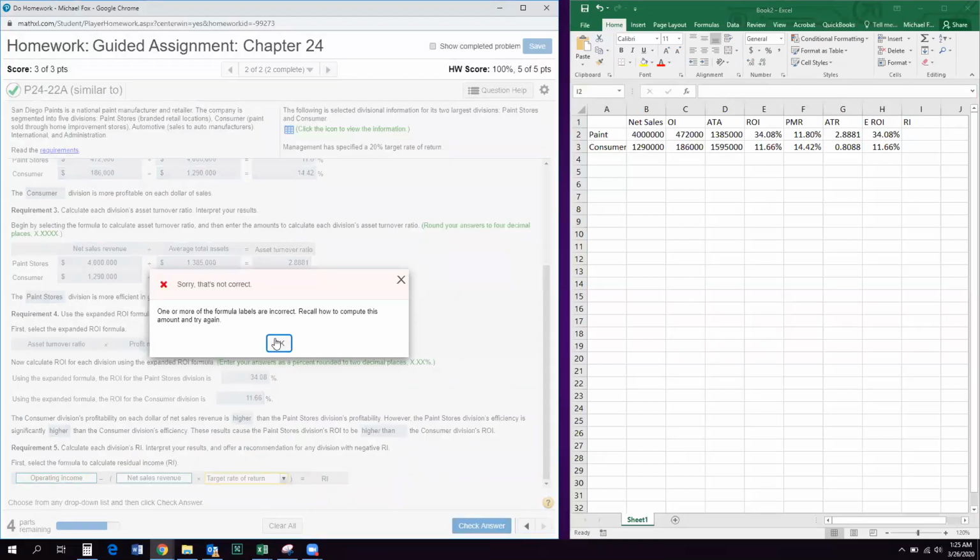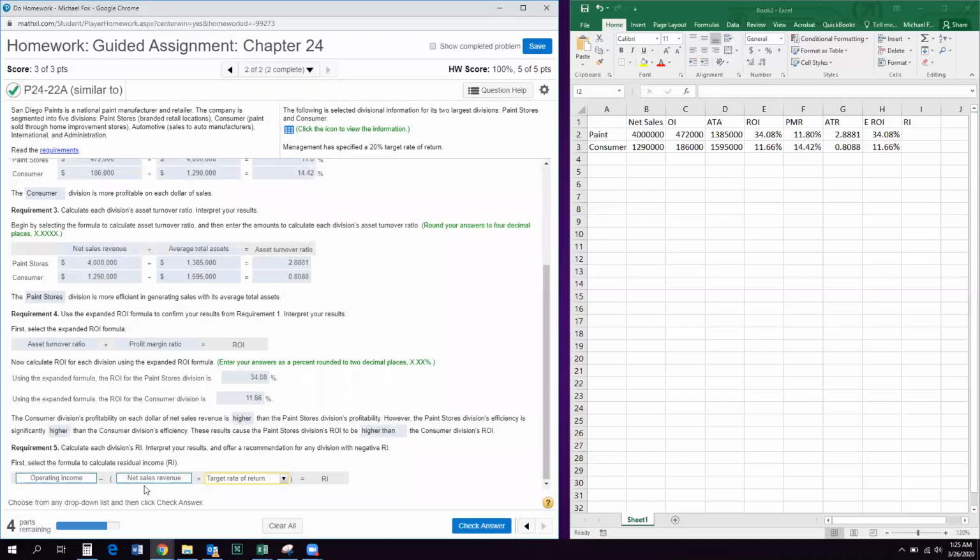Uh-oh, what did I do wrong? Operating income minus the target rate. Is it in the other order?